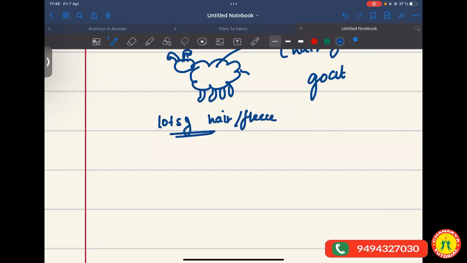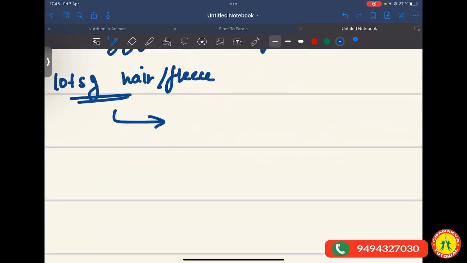It's because these hairs trap a high amount of air. Okay, so you know that, is air a good conductor or a bad conductor of heat?